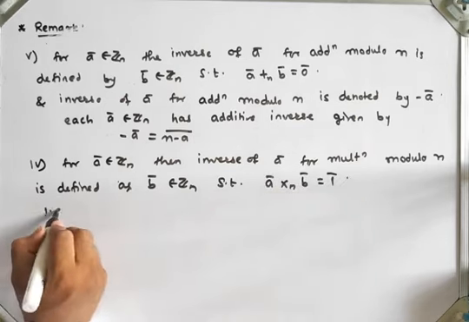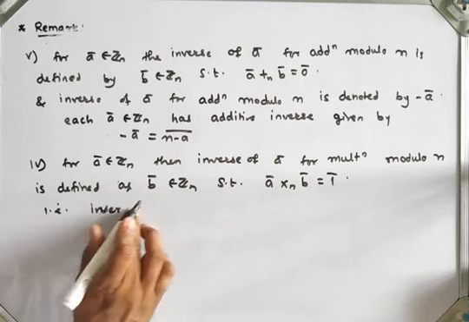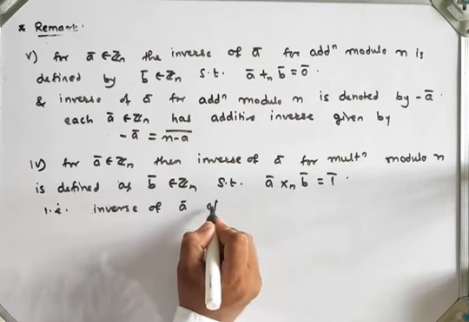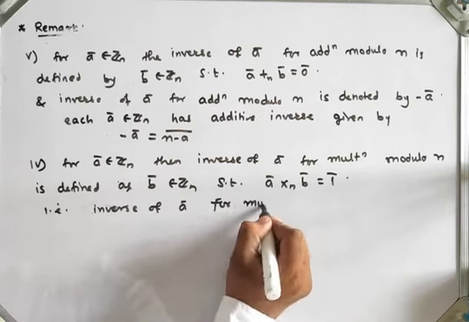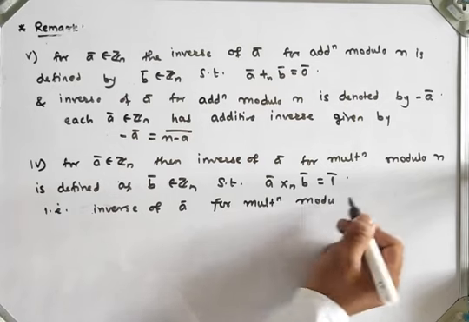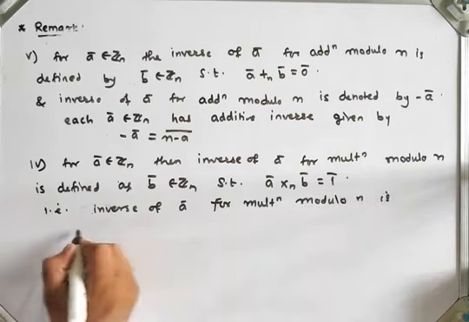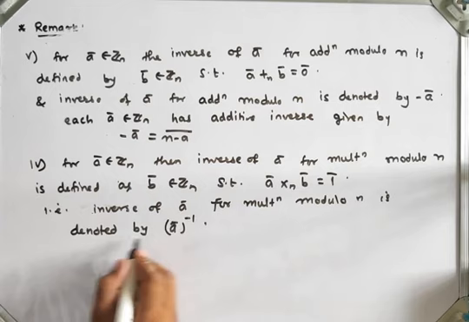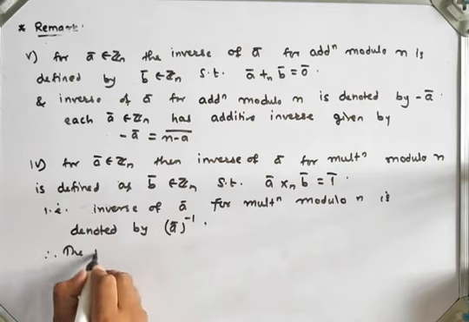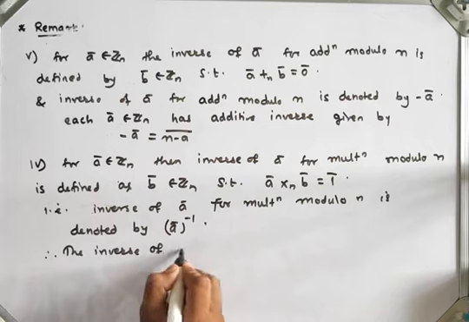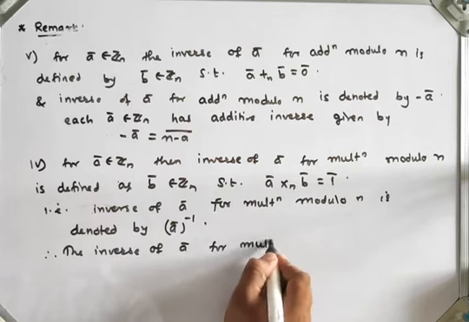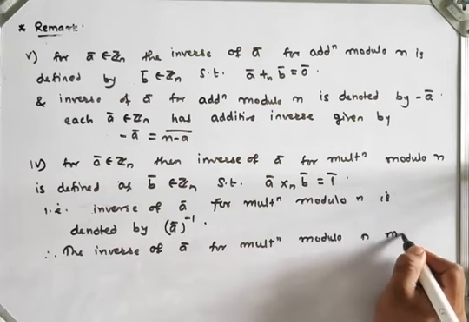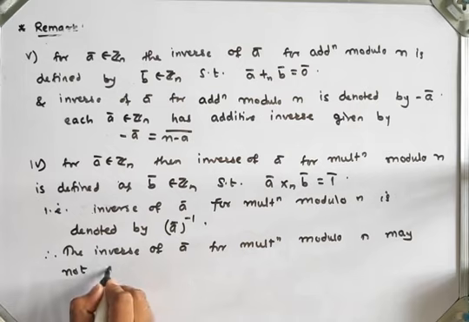That is denoted by a bar inverse. Therefore the inverse of a bar for multiplication modulo n may not exist.